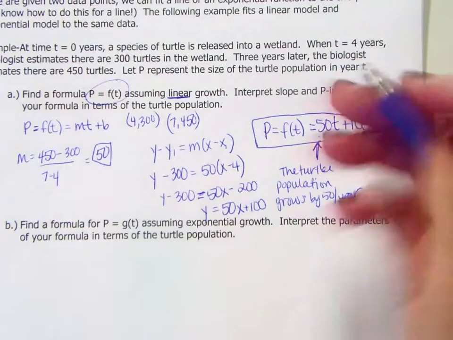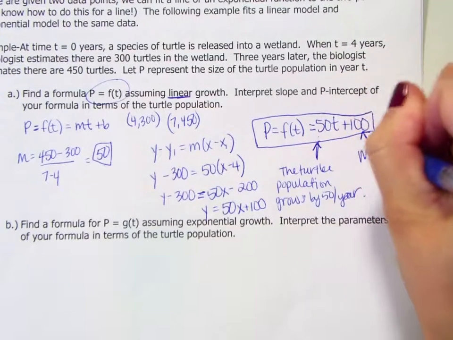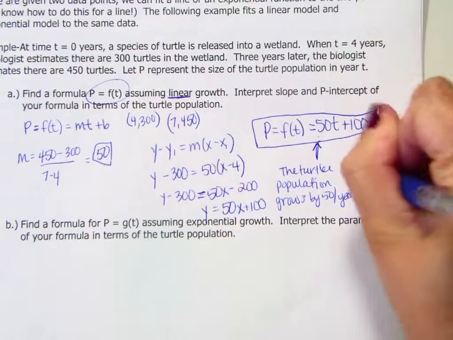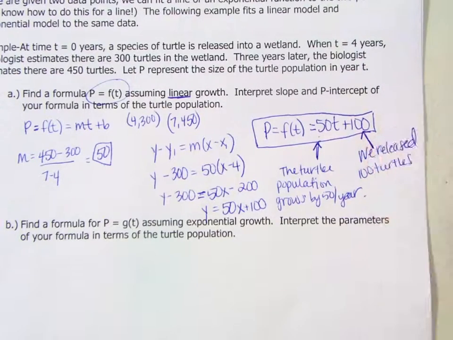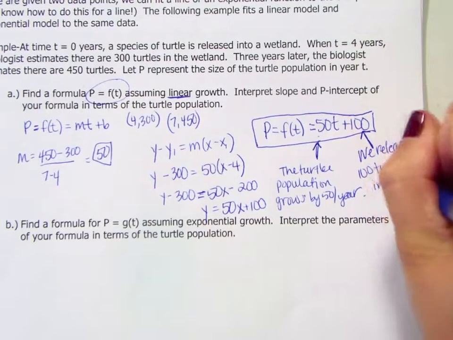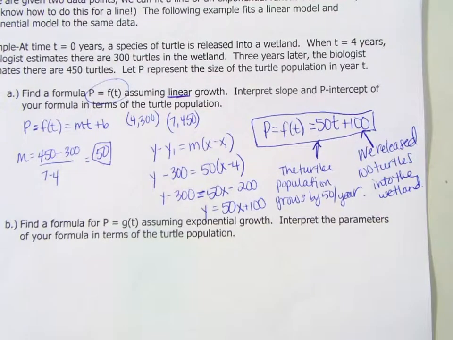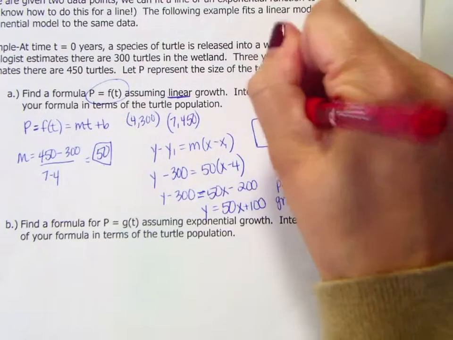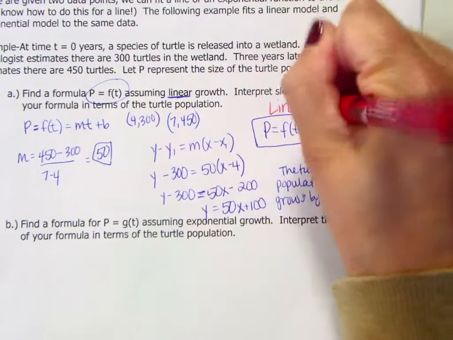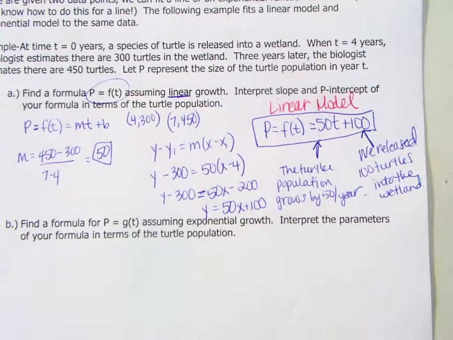So that means that we released 100 turtles into the wetland. So again, this is our linear model.